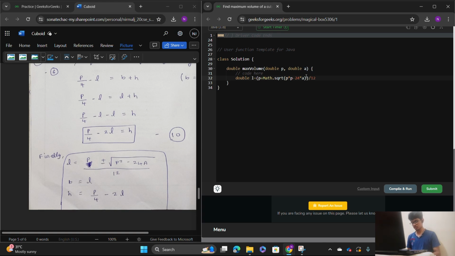So after this, I'm going to make b equal to L. I'm going to store the L value in my b. I said that length and breadth are going to be same. After this, I'm going to make my height equal to p by 4 minus 2 star L. That's it. So after this, I'm going to return L star B star H.